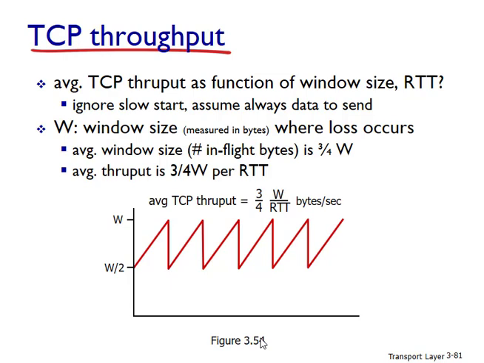For this reason, TCP congestion control is often referred to as an additive increase, multiplicative decrease form of congestion control.